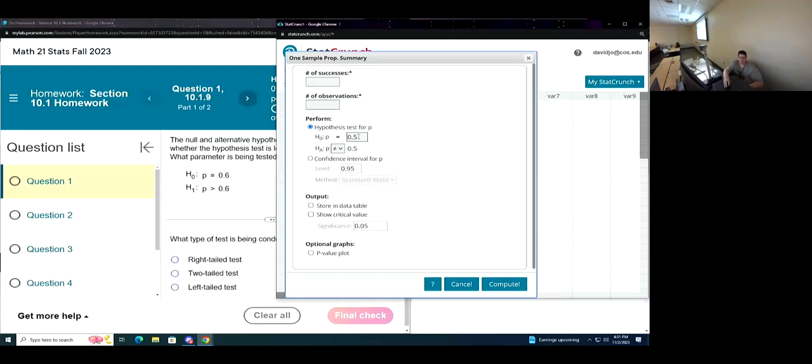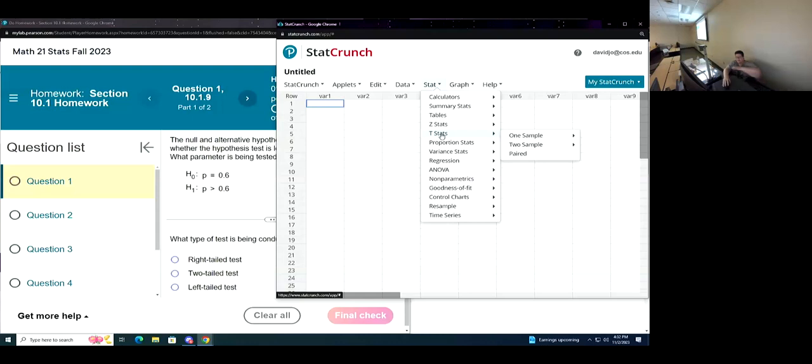I wanted to point out, when you change the p here, it automatically updates that.